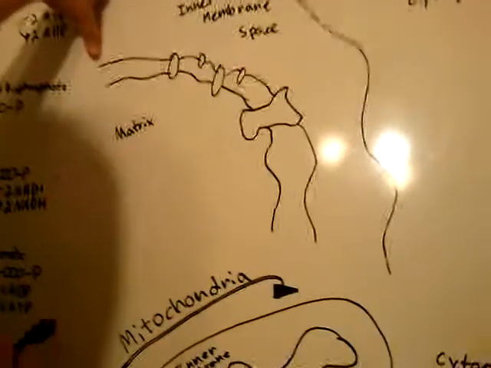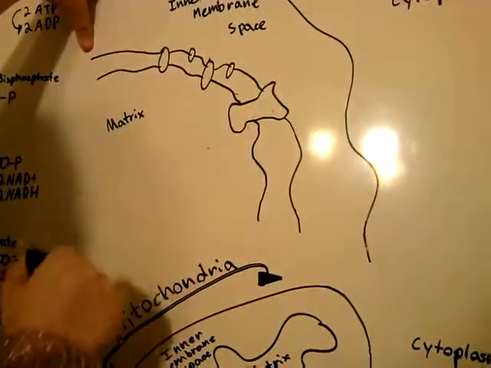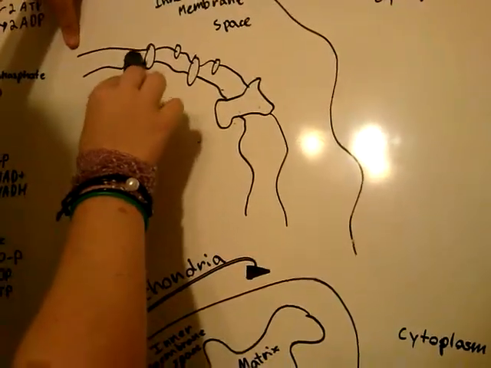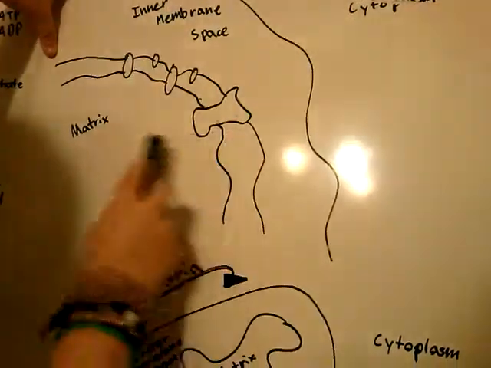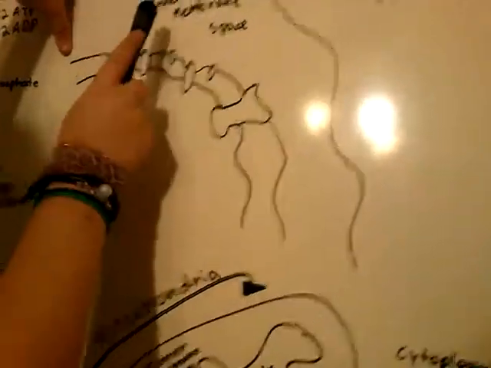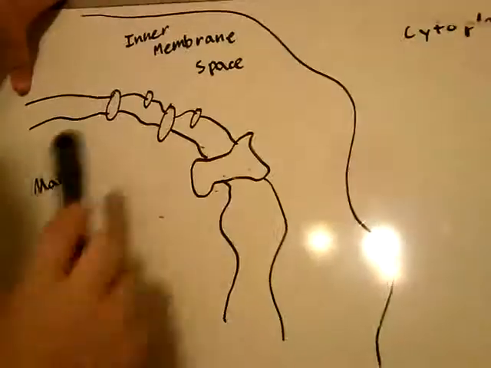Electrons are taken from NADH or FADH2, and they travel along, and as they travel, they power protein pumps that send protons out into the inner membrane space to create a gradient.